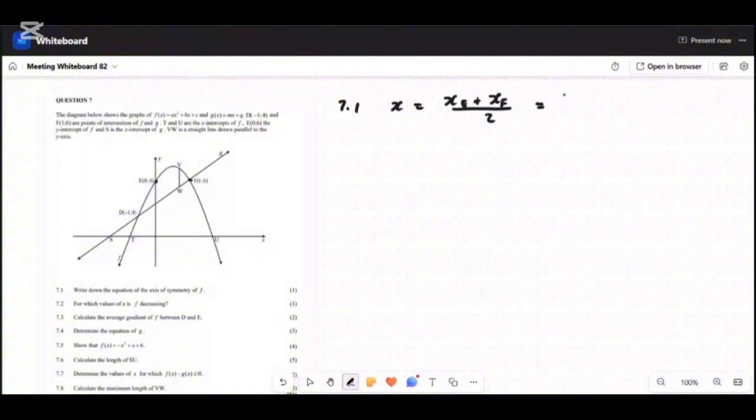So this is more like 0 plus 1 over 2, and the answer that you are going to get is 1 over 2. That is the value of the axis of symmetry, which is basically the value of the turning point here. It is 1 over 2.